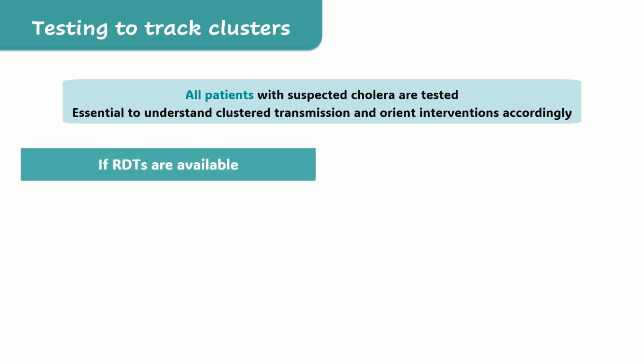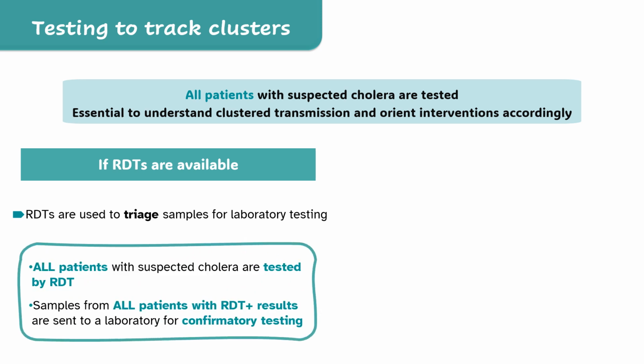If RDTs are available at your facility, use RDTs to triage samples for laboratory testing. Test all patients who meet the definition of a suspected cholera case with a RDT. If the RDT result is negative, cholera is ruled out. If the RDT result is positive, send a sample to a laboratory for confirmatory testing by culture or PCR.